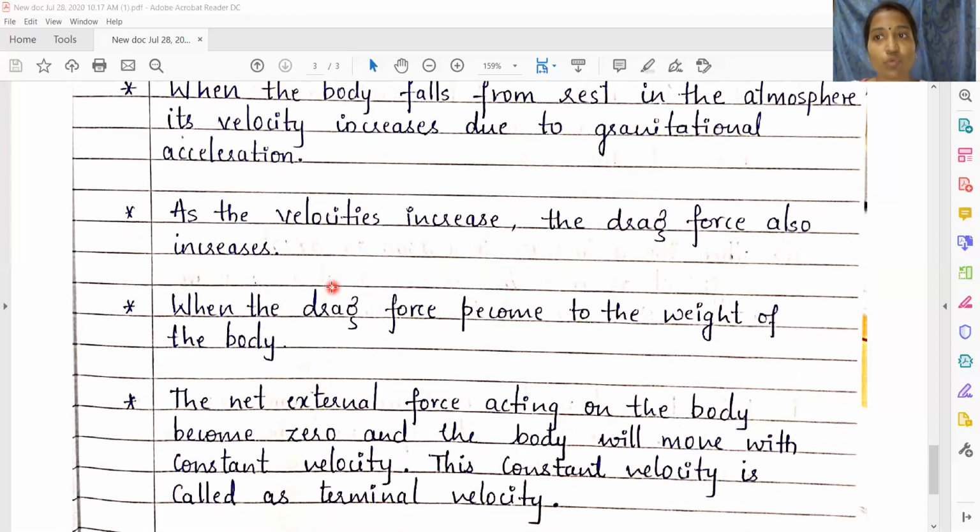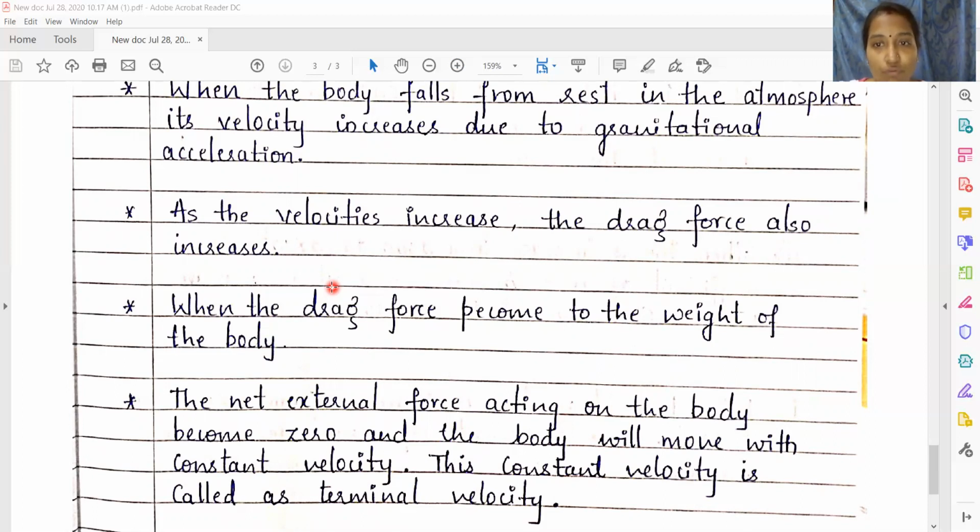So whatever body is at rest, when it starts falling or moving in the atmosphere, due to the effect of the gravitational force there will be an increase in the velocity. Due to that increase in the velocity, the drag force will also increase.